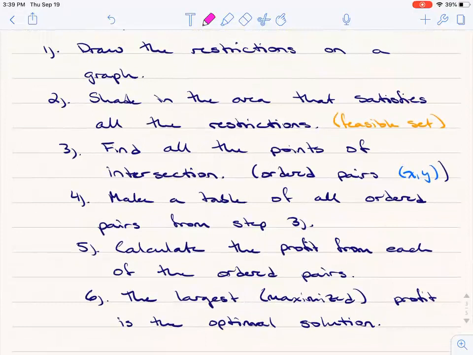Because now, step 3, find all the points of intersection, which we did. It might mean solving a system of equations, as we'll see later on. But for now, we've found all our intersections. That's good. Next step is to make a table of all the ordered pairs that we found, so all the intersections.